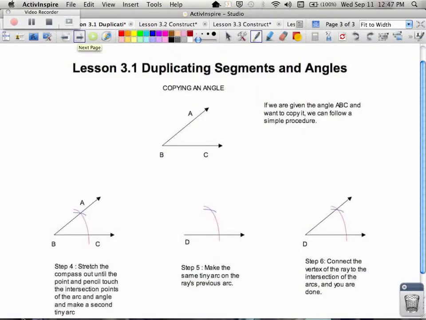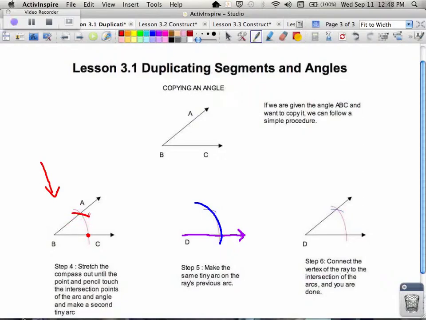Then after you've done that, so you have your ray that you had drawn, and you have the arc that you made from the previous situation, you go back to your original angle, and you're going to take your compass point, and on the bottom, where the arc is intersecting ray BC, stretch out your compass so that it is the distance of where that arc is intersecting ray BA, and then make an arc.